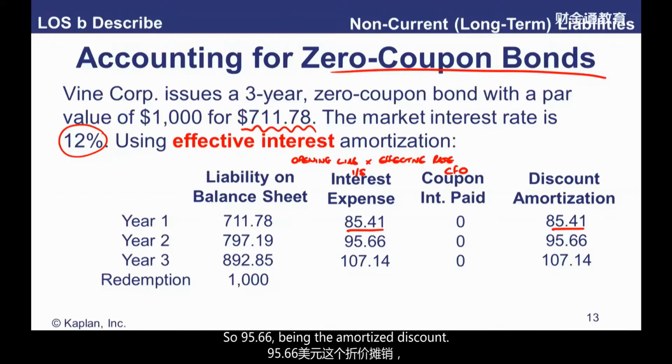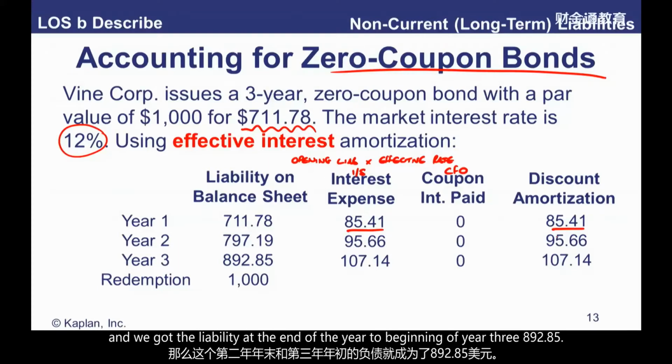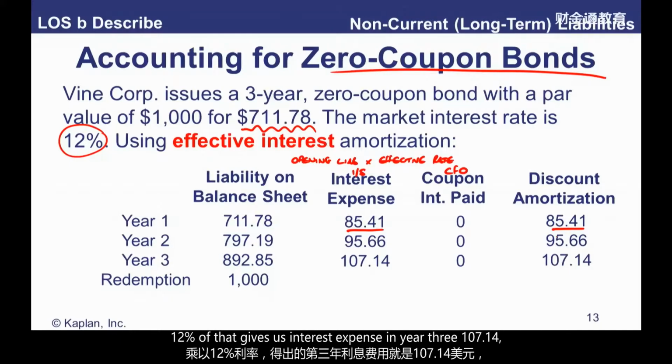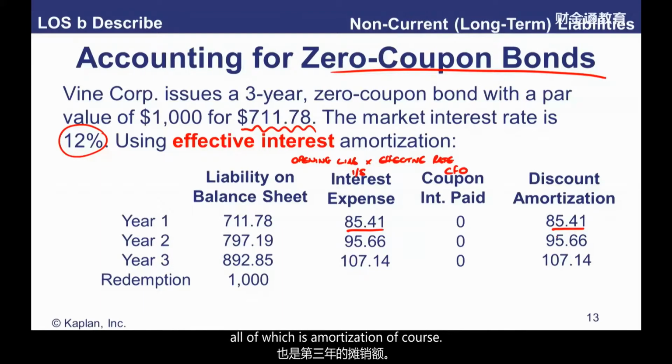So 95.66 being the amortized discount. Add the 95.66 to your opening liability of 797.19, and we've got the liability at the end of year 2, beginning year 3, 892.85. 12% of that gives us our interest expense in year 3, 107.14, all of which is amortization, of course.